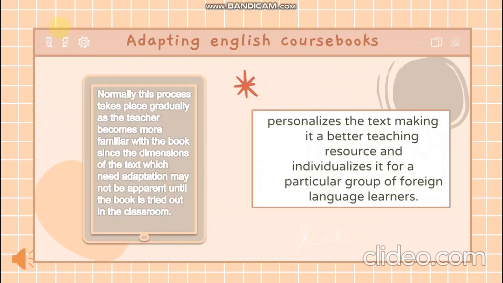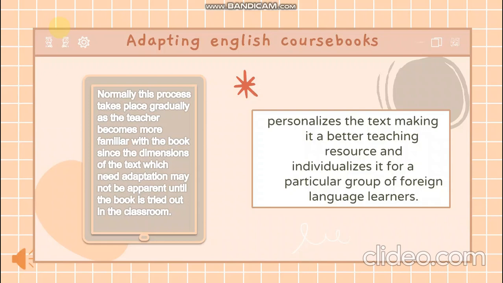Okay, next about adapting English course books. Through the process of adaptation, the teacher needs to personalize the text, making it a better teaching resource, and individualize it for a particular group of foreign language learners.